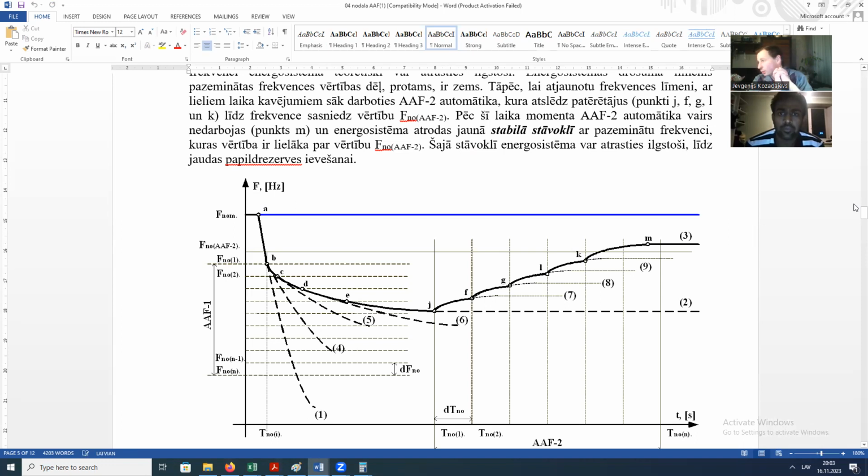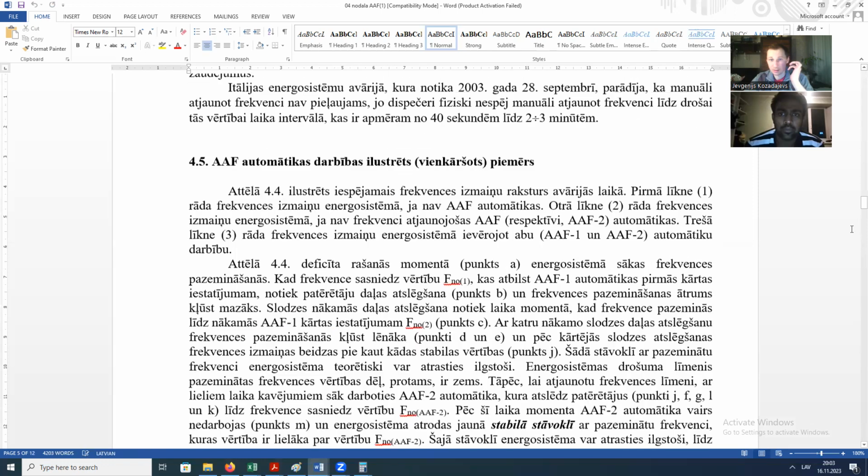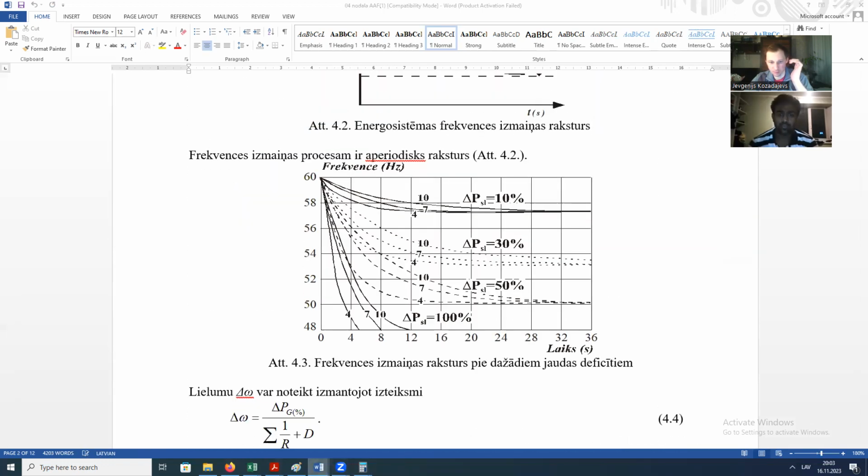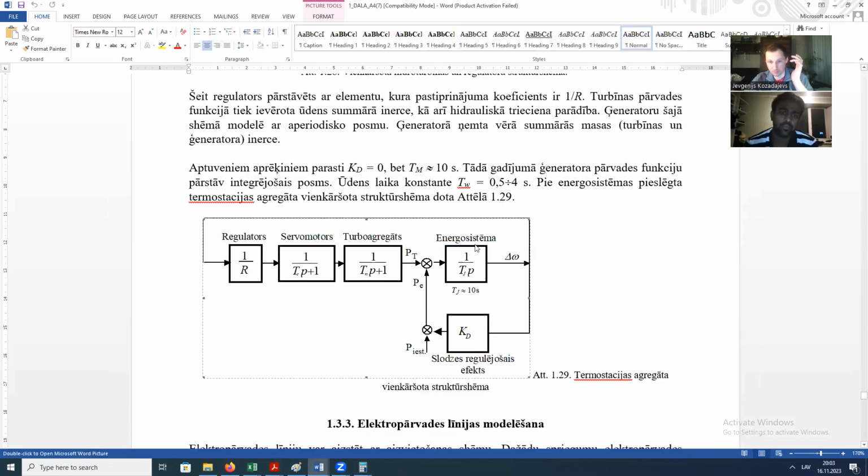You need to try to change parameters of this scheme, like coefficients, because all these schemes are regulators that represent power systems with parameters like this inertia, this R coefficient, and so on.